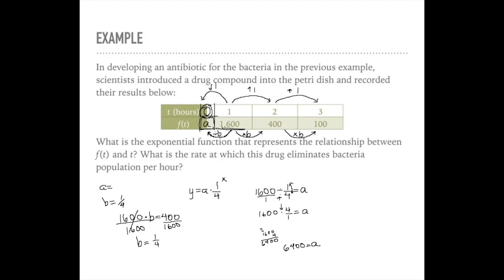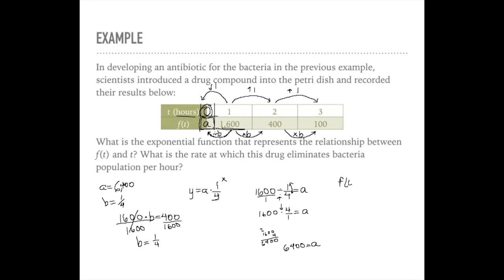So this drug was developed with 6,400 bacteria in a petri dish. And when the drug was administered, what we found out is they decrease 1/4 in its population every t, which is every hour. So what is the function?